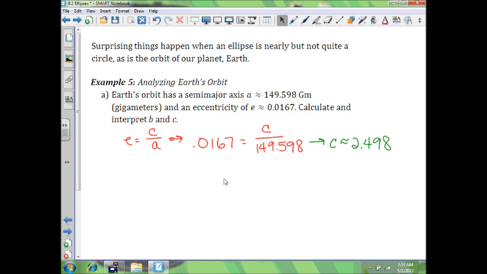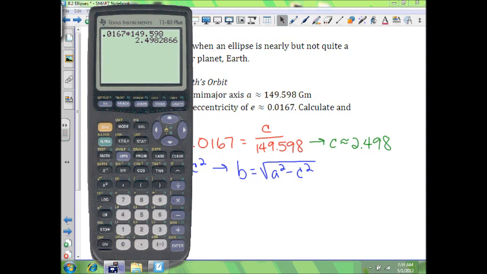Now, since a squared is equal to b squared plus c squared, that means b will equal the square root of a squared minus c squared.